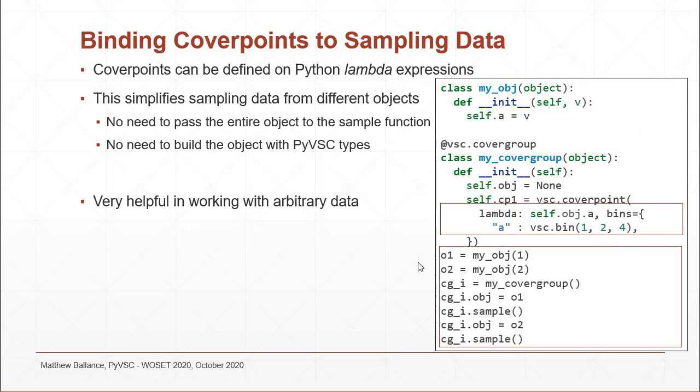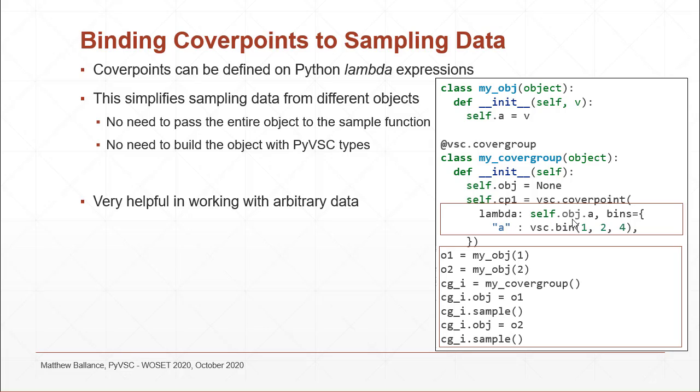The second method is a bit more abstract. This works well in more complex situations where the data being sampled really isn't PyVSC data. And the approach used here is to actually give the cover point a Python lambda expression as its target.